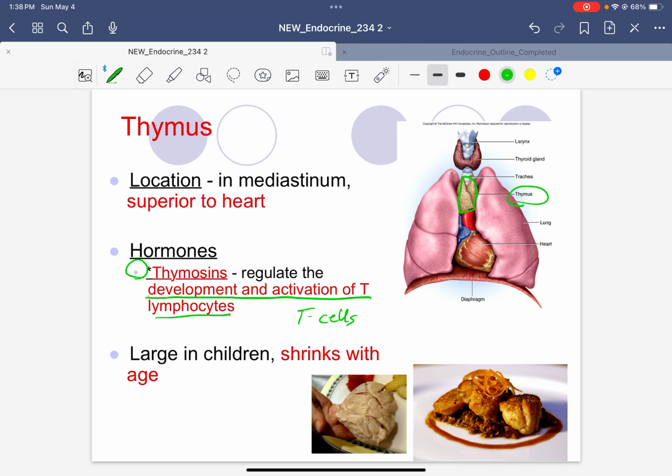This is a gland that as we get older, it shrinks. By the time we die, you're not going to have much of a thymus gland left at all. And that's because when we're kids, that's when we build our immune system. After we're done building our immune system, these immune cells last for a really long time, and that's why the thymus gets smaller.